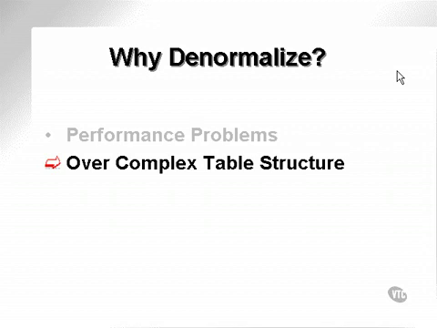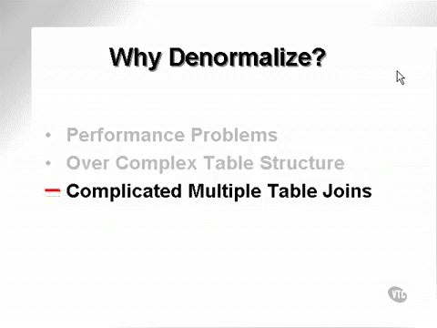Remember, relational is not object, they're two totally different things. Denormalization actually takes a very granular table structure and makes it less granular. In other words, it creates fewer tables by sticking data together to make your SQL statements less complicated and thus faster. Again, complicated multiple table joins. Why denormalize? Because they can be very slow, they can be impossible to tune. They're just very difficult to deal with.